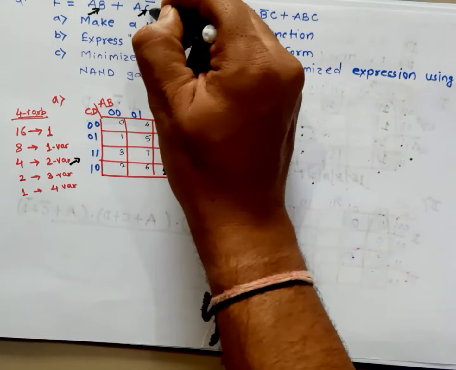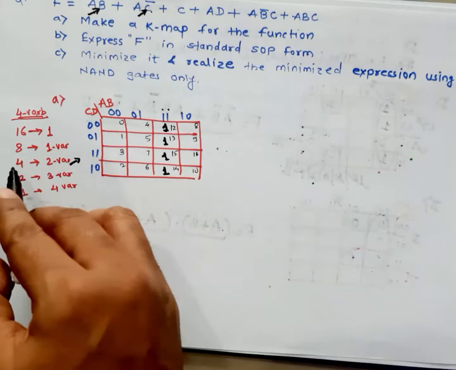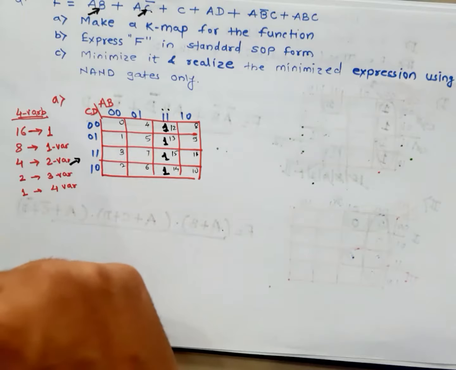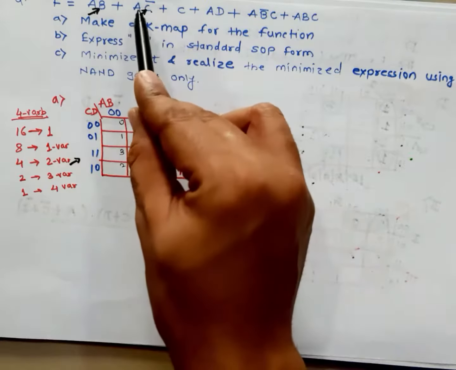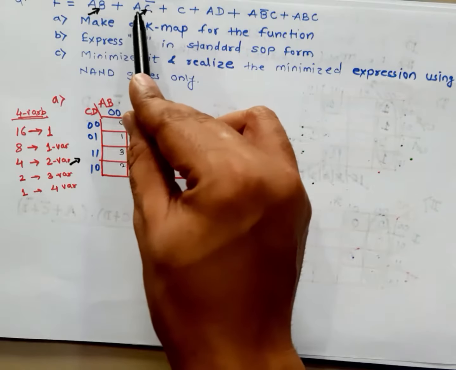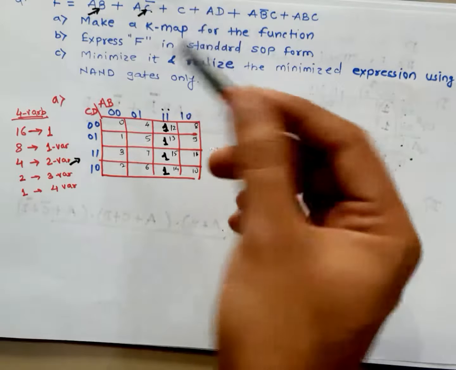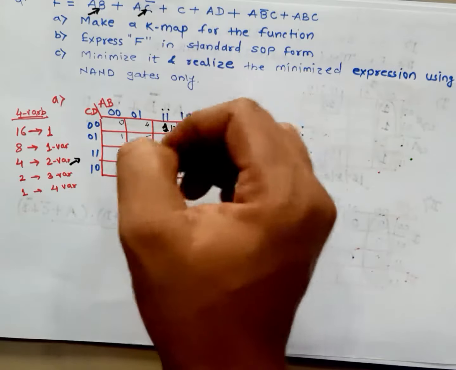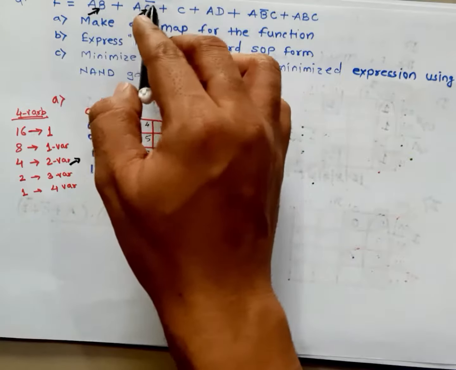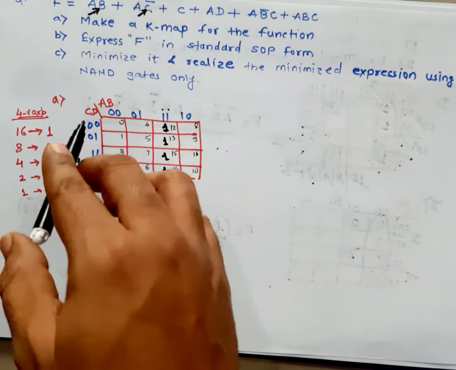Fine. For the next one, again 2 variables, so it's a group of 4 cells. For these 2 variables, identify the variables' values. A, where the value is 1. So in this case, the value of A is 1, and C is C bar.